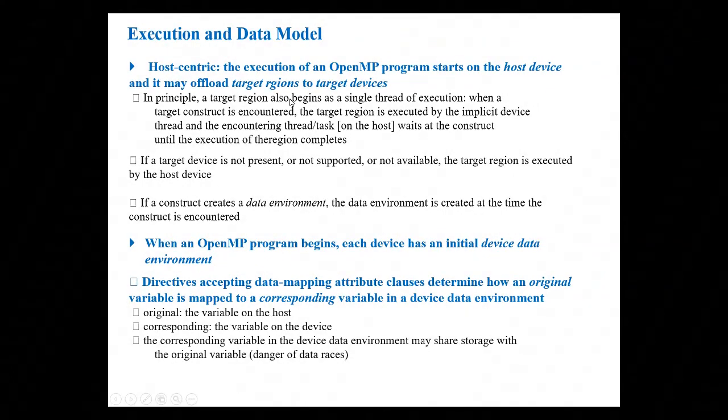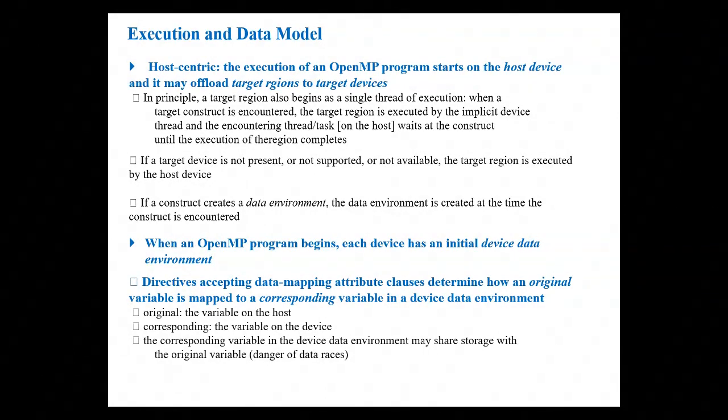So if the target device, like the GPU or whatever, is not present, then all the jobs are still done by the host device, by the CPUs. If a construct creates a data environment, the data environment is created at the time the construct is encountered. When an OpenMP program begins, each device has an initial device data environment.